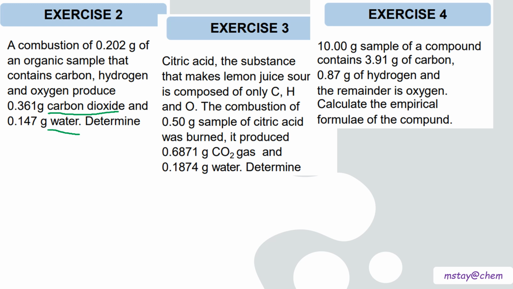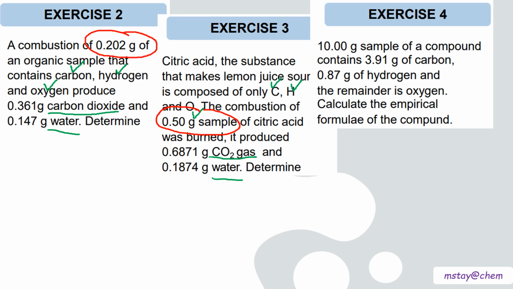Similar to exercise 3, we have the mass of carbon dioxide and mass of water. Based on exercise 2 and exercise 3, you will notice that they let us know the elements in the compound are carbon, hydrogen, oxygen. And here also carbon, hydrogen, and oxygen. So no worry. After we get the mass of carbon and hydrogen, we can use the mass of the sample minus the mass of carbon and hydrogen that we calculated before.